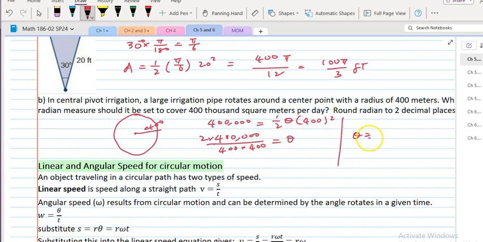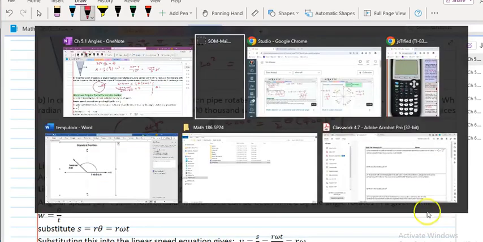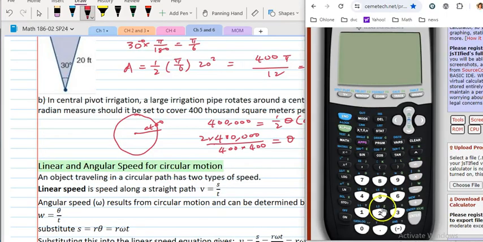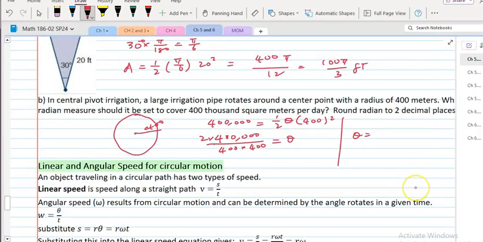So the radian measure should be 5 radians. So it's almost a whole circle, right? So they would cover that much area.